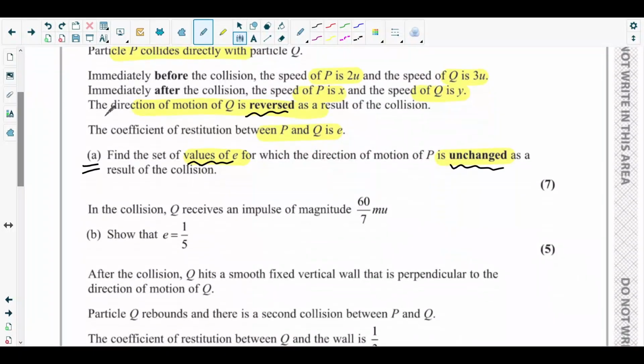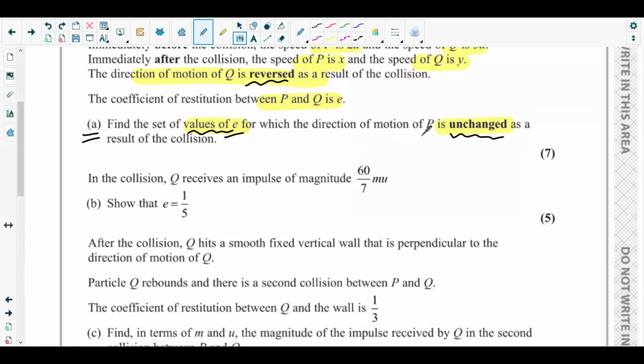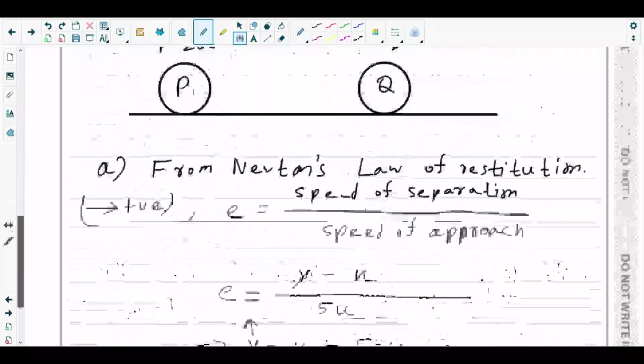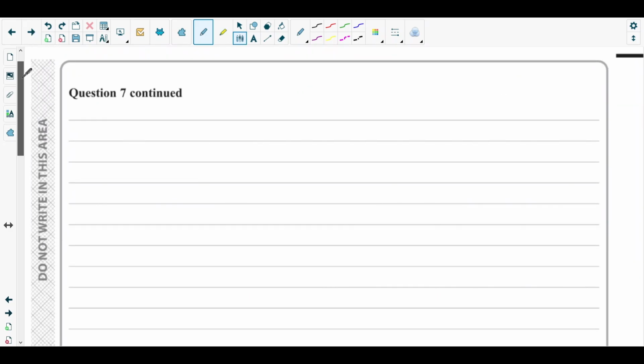We have to eliminate y because the question said we have to find the set of values of E. E is there, that's fine. The direction of motion of particle P should remain unchanged, so we have to do something with x. So x is there with E, that's fine. But y is to be eliminated, so to eliminate y we need another equation.